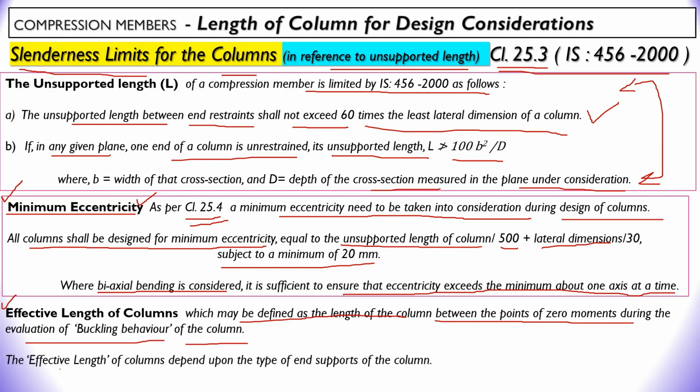Now, the effective length of the column depends on the type of end supports. So for knowing the value of the effective length of a column based on the various types of end support, you can refer to table number 28 in IS 456 2000.